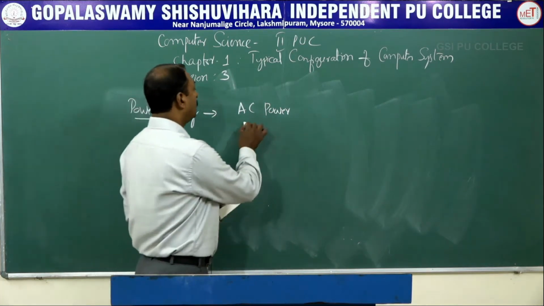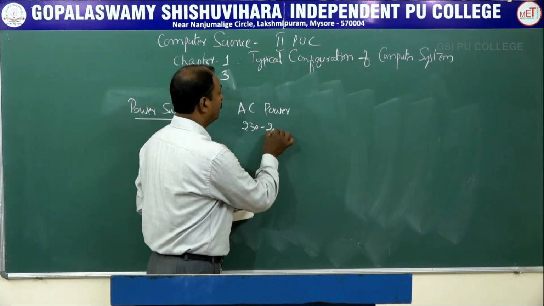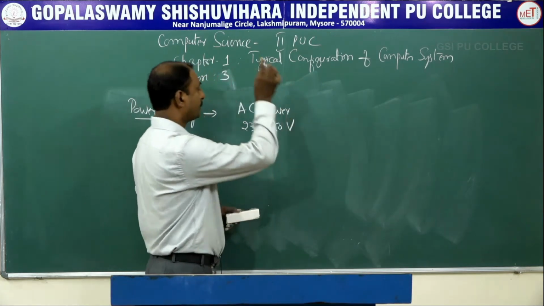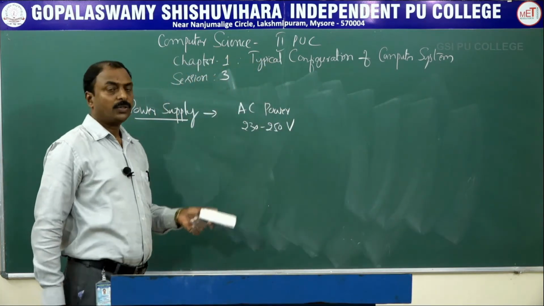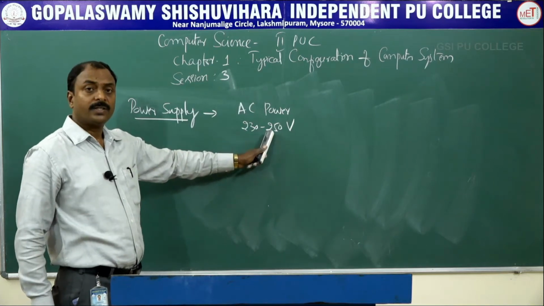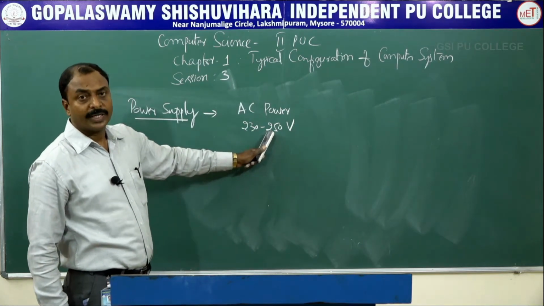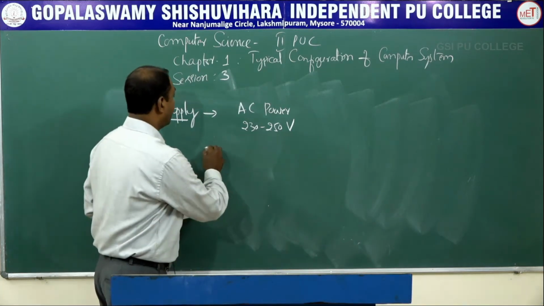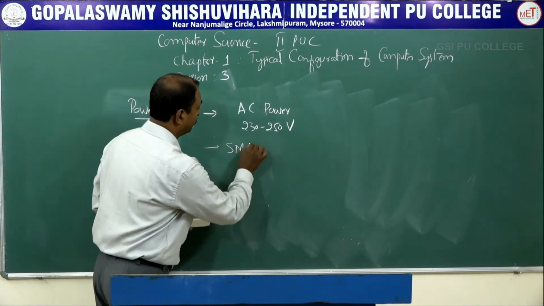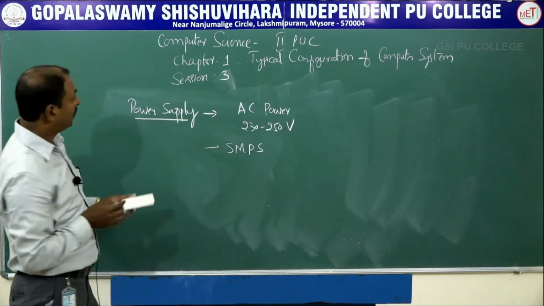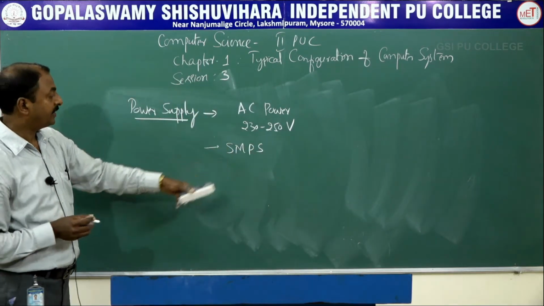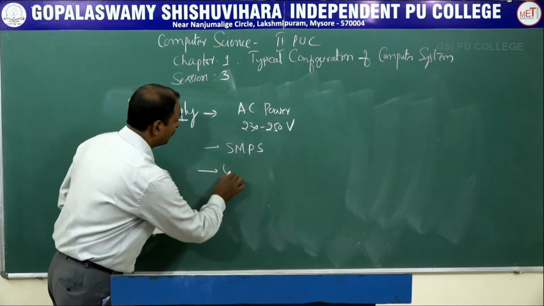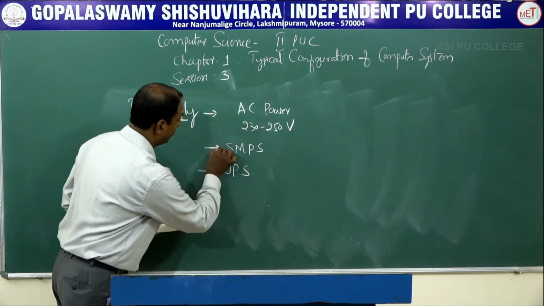This is around 230 to 250 volts of power supply. The power cable you are connecting to the CPU goes directly to SMPS. So one type of power supply is SMPS and another type of power supply is UPS.